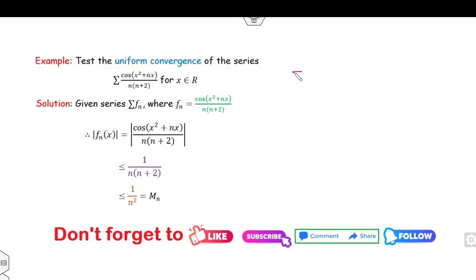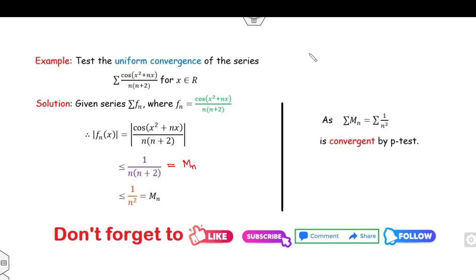Now clearly the series Mn, which is 1 over n square, is convergent by using the p test. On the other hand, if you consider this as Mn, then can you prove the convergence of this? Clearly you can take the limit comparison test. Like un will be 1 over n into n plus 2, and vn will be 1 over n square.